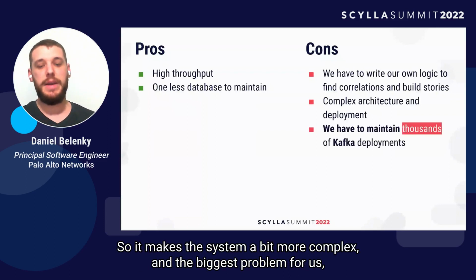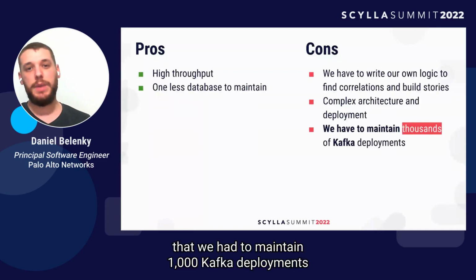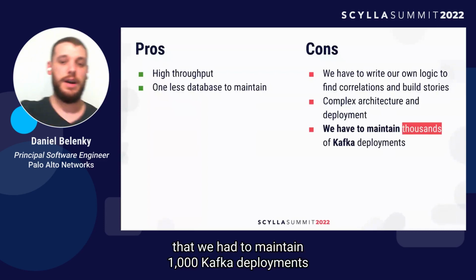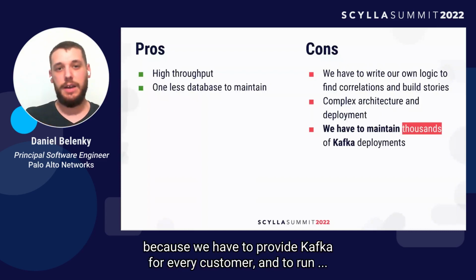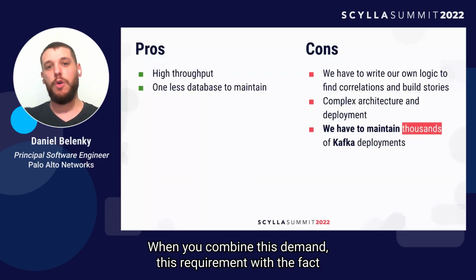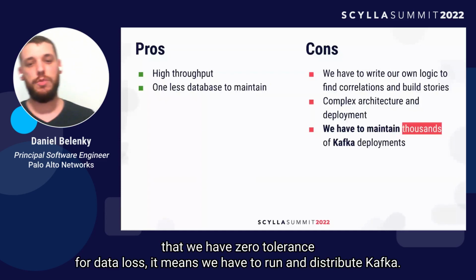And the biggest problem for us, and this is what, at least from our point of view, was a big no, is that we had to maintain 1,000 Kafka deployments because we have to provide Kafka for every customer. And when you combine this requirement with the fact that we have zero tolerance for data loss, it means that we have to run a distributed Kafka.